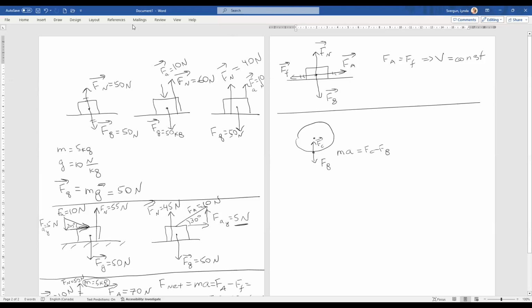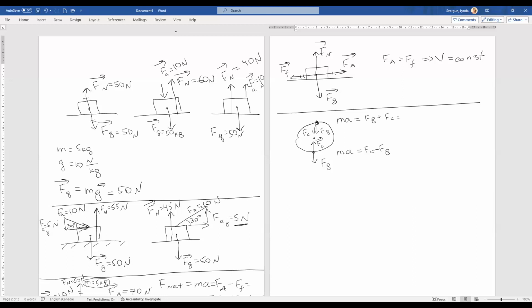When the object is on the top, you have the force of gravity down and the centripetal force is down. They're both in the same direction, so the net force will be the sum of those two forces because it's the resultant force. So ma net force equals force of gravity plus centripetal force.